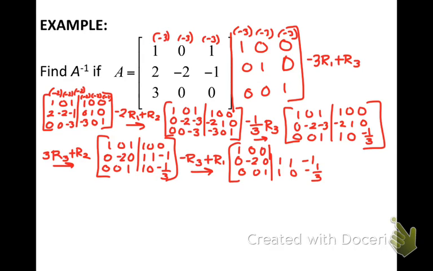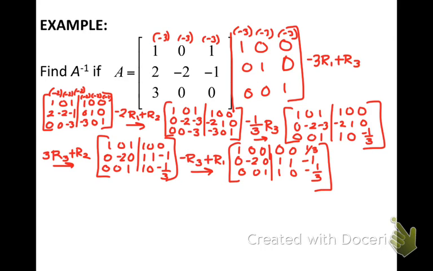The negative 1 is negative 1, plus 1 is 0. The negative of 0 is 0, plus 0 is 0. The negative of negative 1/3 is positive 1/3, plus 0 is 1/3. Almost there. Last move.